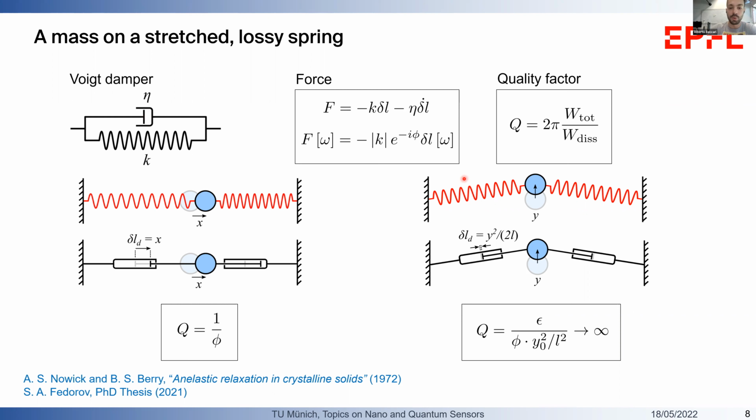But for the transverse mode, polarized along Y, something completely different happens, because here the spring elongation is no longer linear in the displacement, but quadratic in displacement, due to the geometry of this displacement, the so-called geometric nonlinearity that I was mentioning before. Since it's quadratic, the denominator of this expression, so the energy lost, will scale faster in the amplitude of oscillation than the numerator.